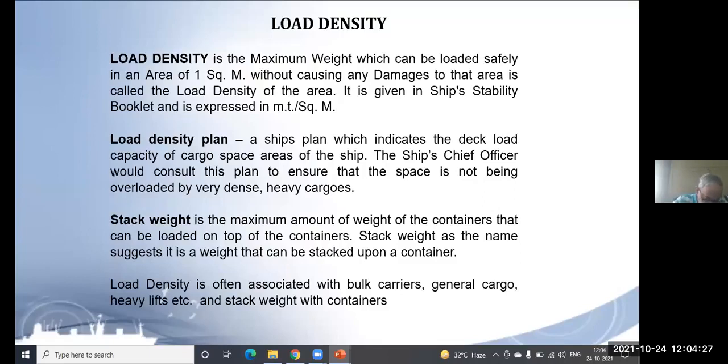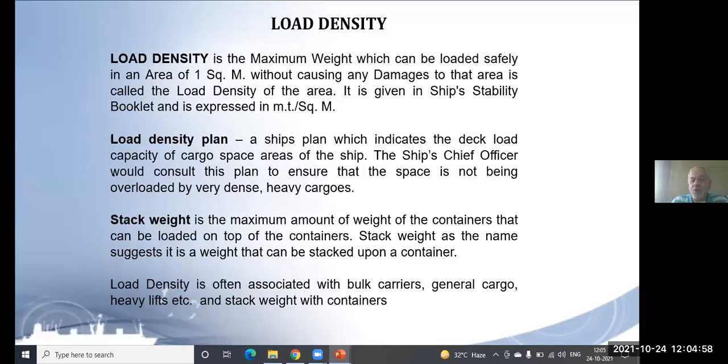Some terminologies and concepts we must see. Load density is the maximum weight that can be loaded safely in an area of 1 square meter.